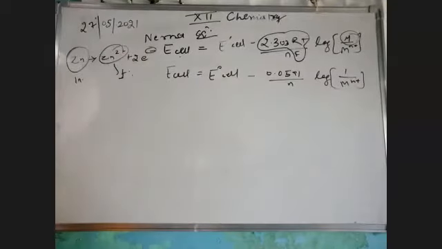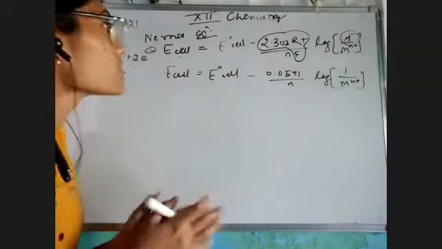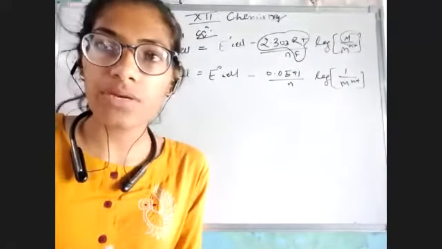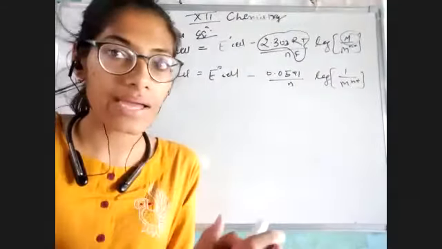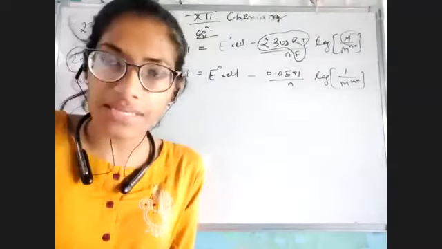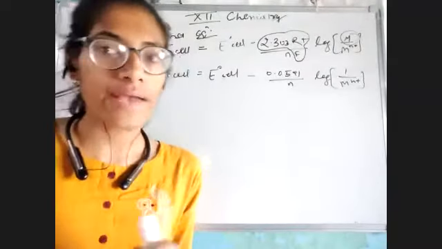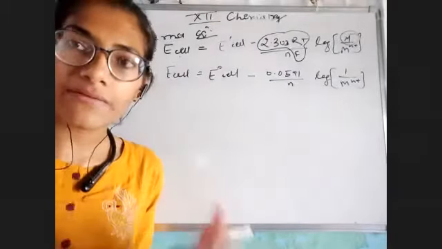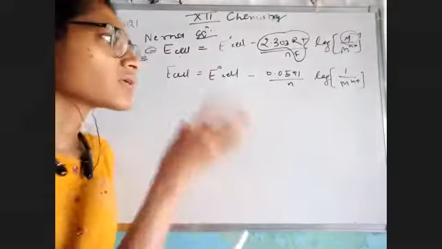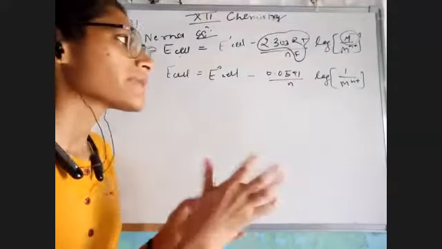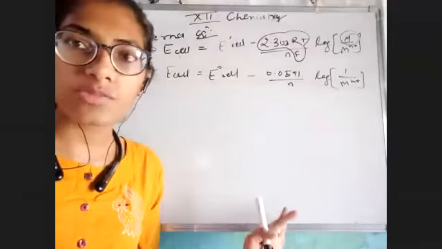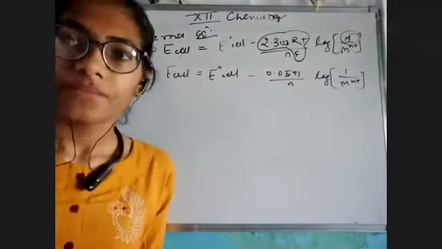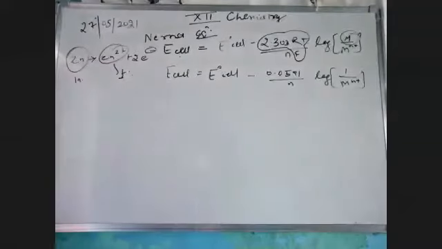What would happen if two half cells are combined, making an electrochemical cell, and we have to calculate the E cell? Then my Nernst equation would definitely change. There is a short and easy explanation of how we can write the Nernst equation for a complete cell. So let's start with the topic.